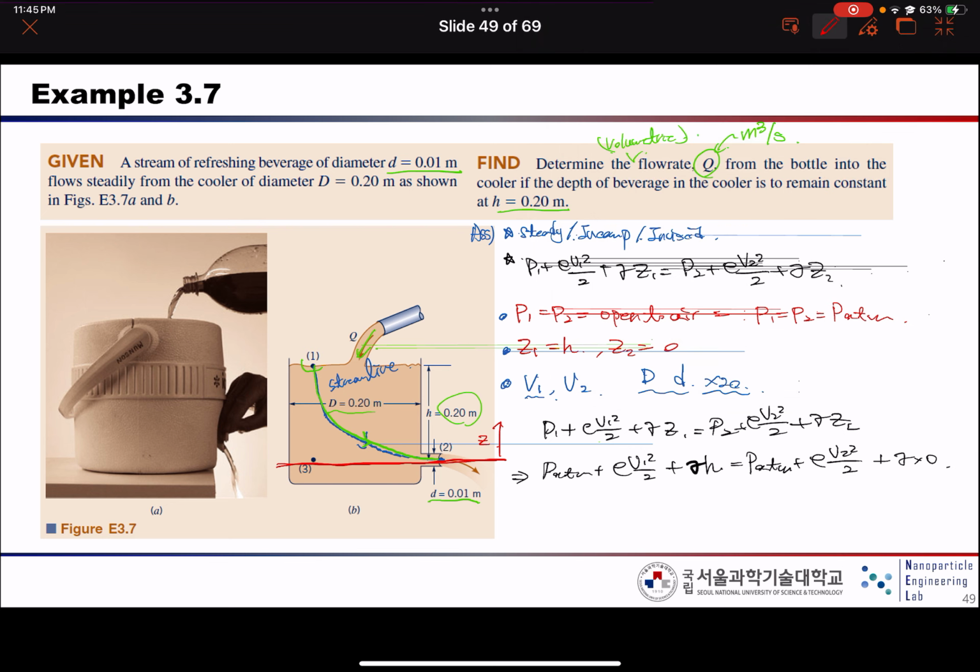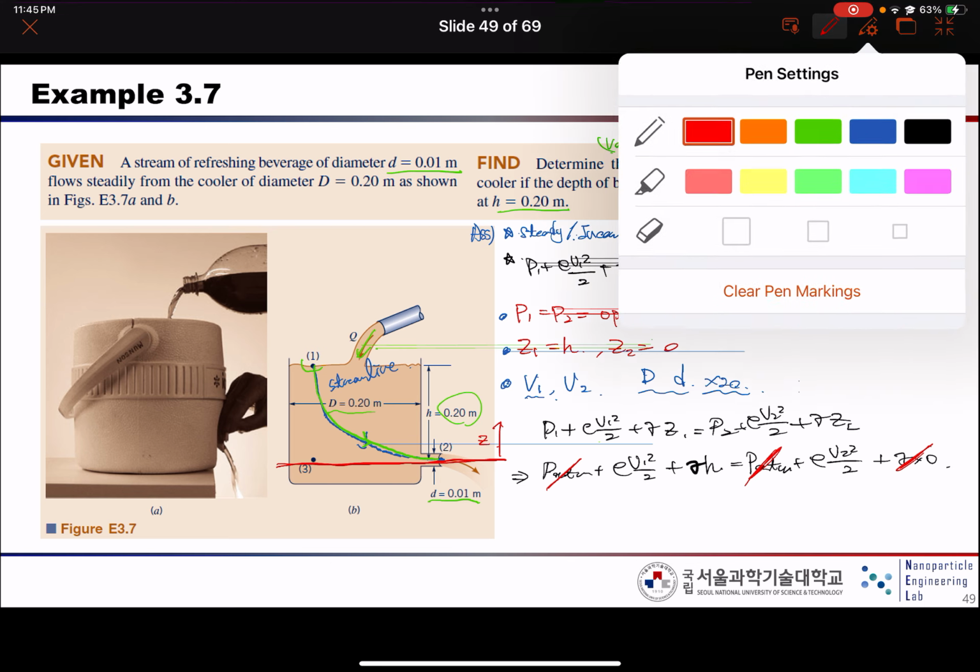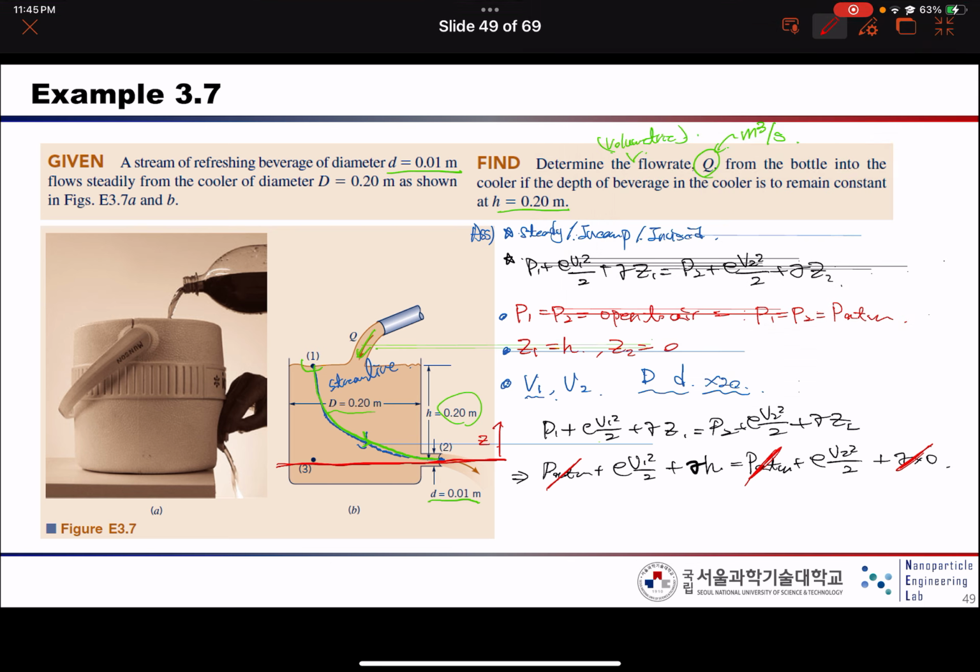Okay, so as you notice, this one can be cancelled out and this one is 0, should be cancelled out. So we can rearrange this equation. And also here gamma is rho times g, right? So which means that rho also can be cancelled out.